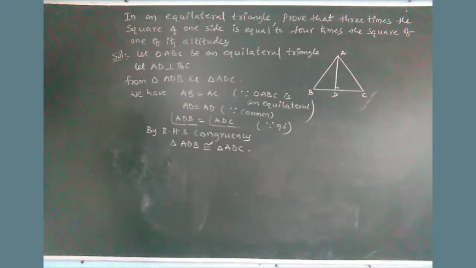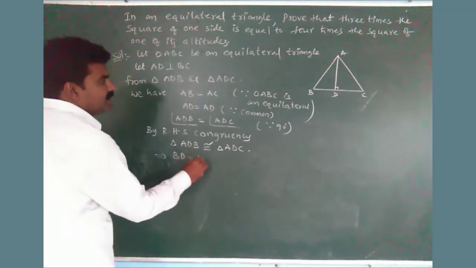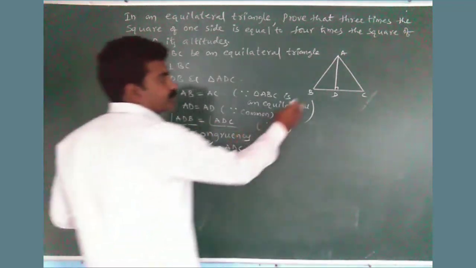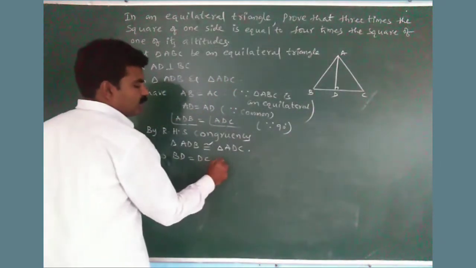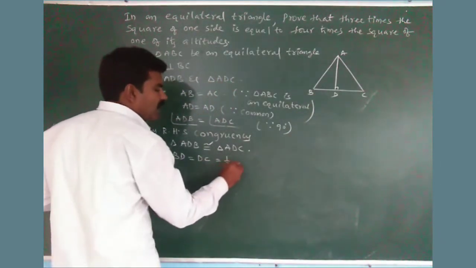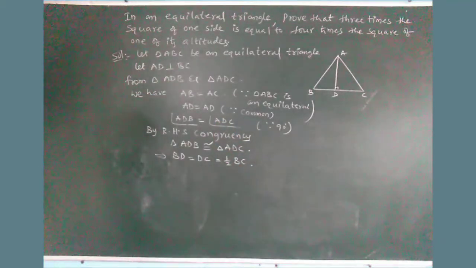Both the triangles are congruent. Means according to CPCT, corresponding parts of congruent triangles, BD is equal to DC, and both are equal to half of BC.